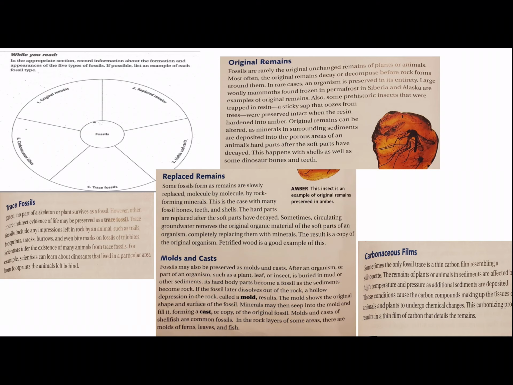So this is an impression left in the rock, kind of an indentation that makes a groove in the rock. It says such as trails, footprints, tracks, burrows, and even bite marks. So on this one you could just put footprints for an example. So it's creating an impression, and an example would be footprints.